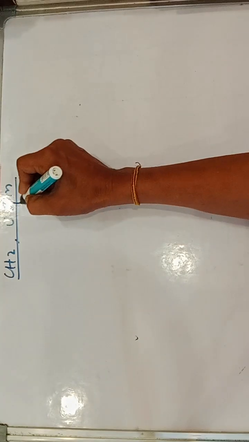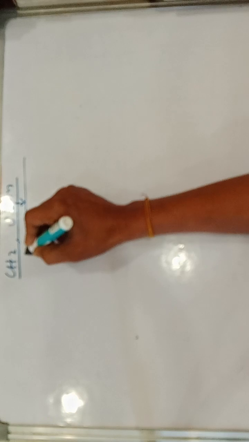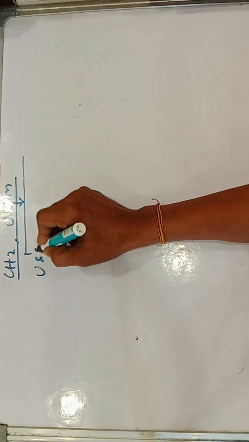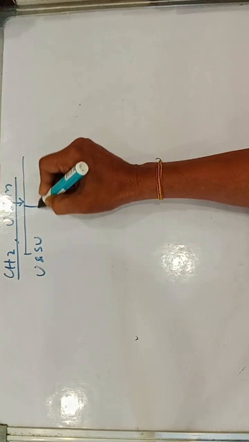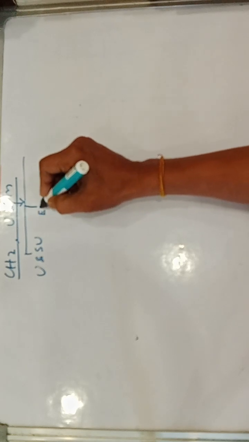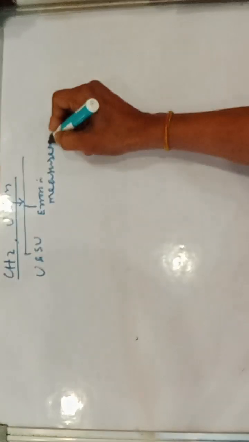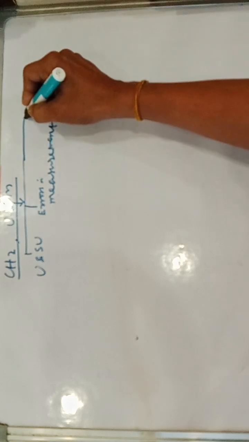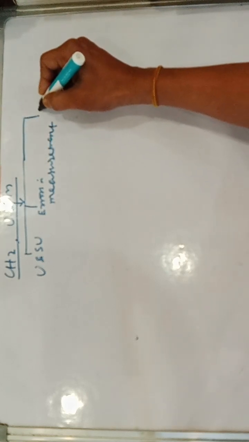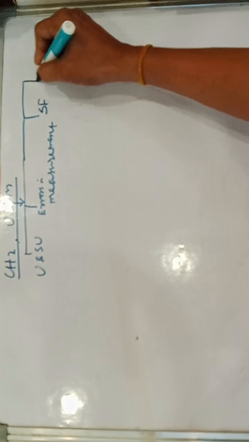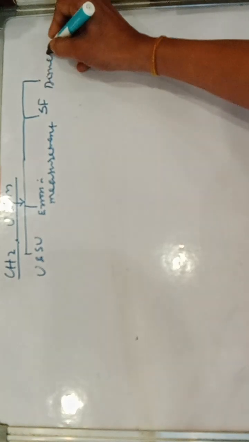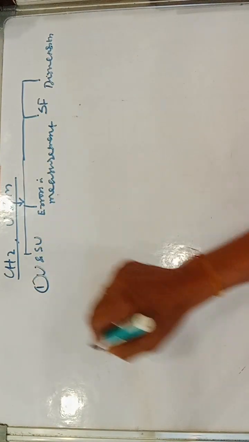Under unit and measurement we will be studying what is unit and system of units, different errors in measurement, significant figure and dimension. First, we will be studying unit and system of units.